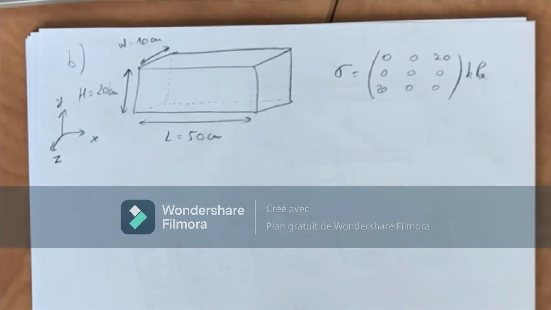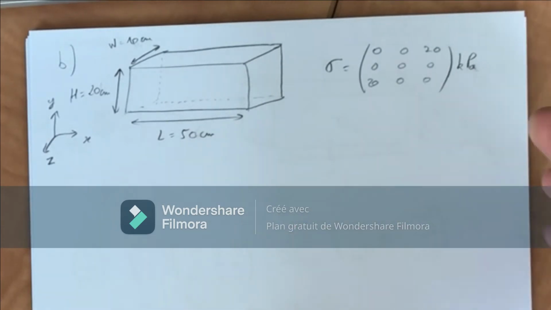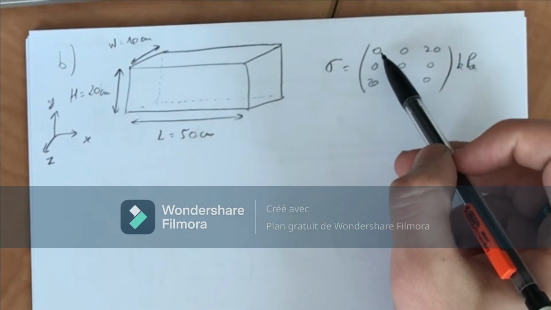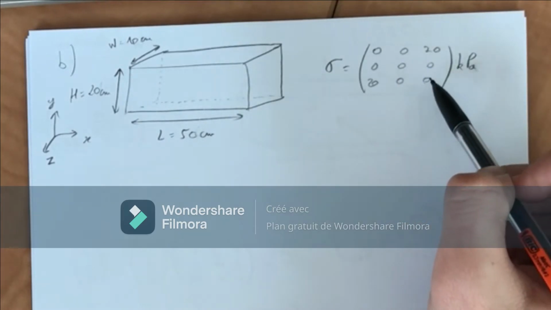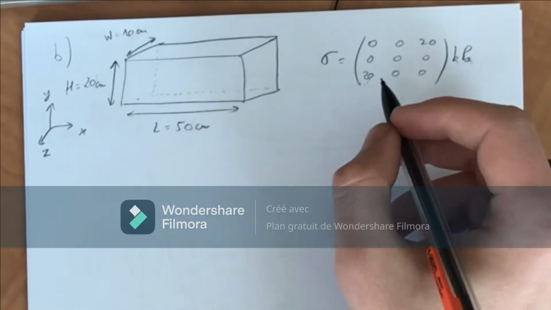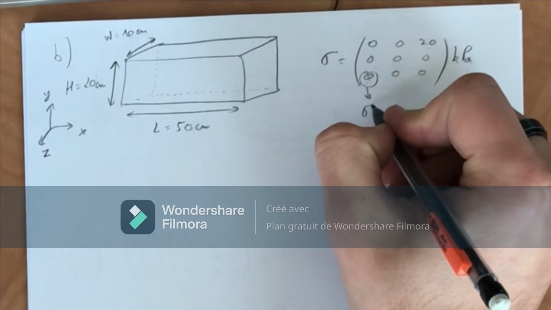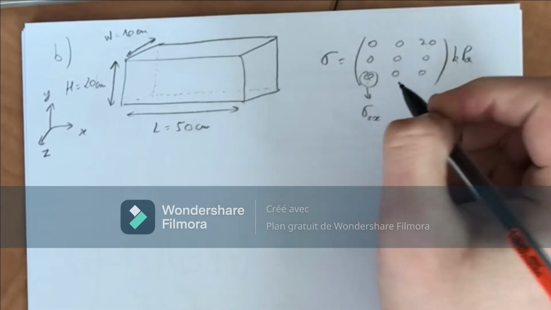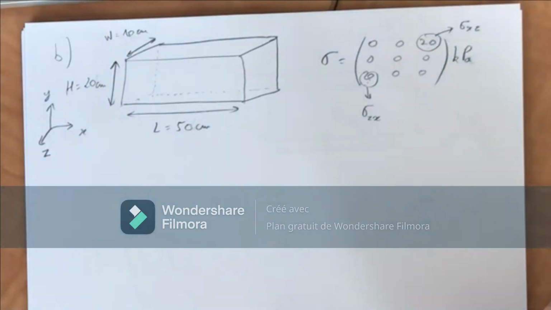So now we begin the second part of this question, which is fairly the same but with a different stress tensor. As you can see here, we don't have any direct forces applied to the x, y or z axis, but we have something along the xz plane, because this component is sigma zx and this one is sigma xz.